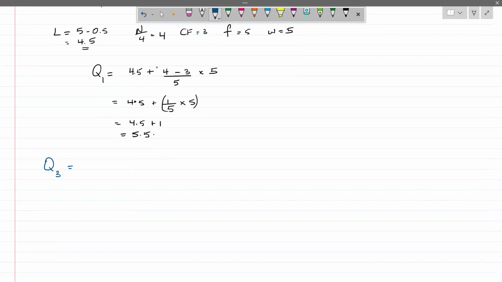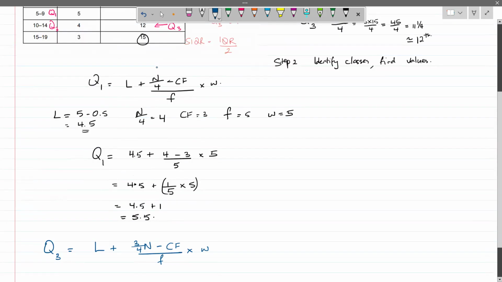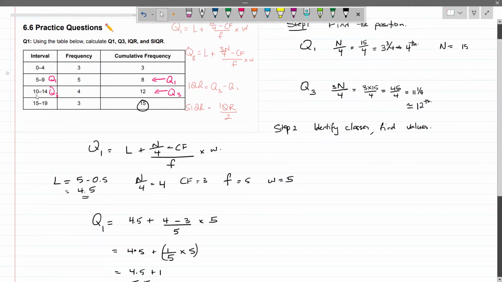Q3, the formula is L plus 3/4 N minus the cumulative frequency, over F, multiplied by W. My lower class boundary of the Q3 class will be 10 take away 0.5, right? We're looking at these values here.